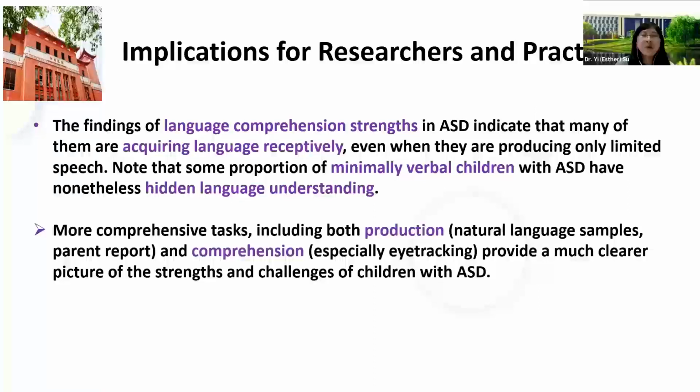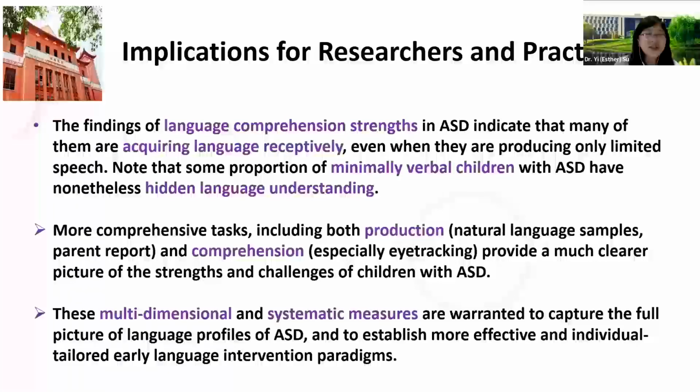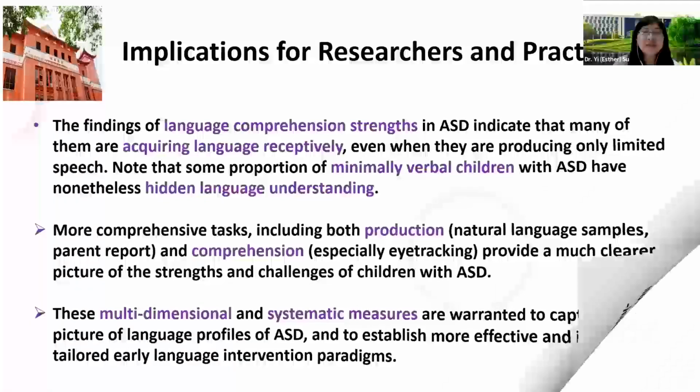We also think comprehensive tasks, including both production and comprehension tasks, can provide a much clearer picture of the strengths and challenges of children with ASD. Multidimensional and systematic measures are warranted to capture the full picture of language profiles of ASD and to establish more effective, individually tailored early language intervention paradigms.